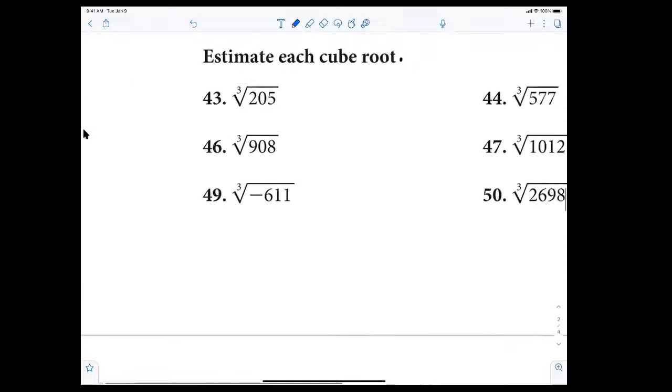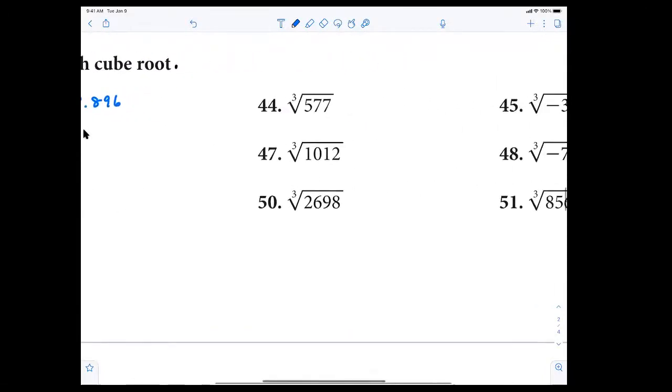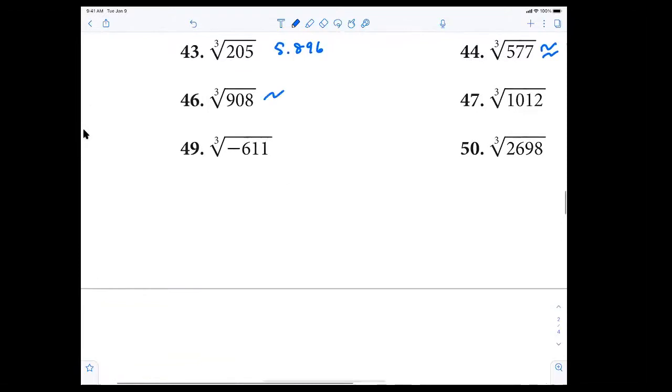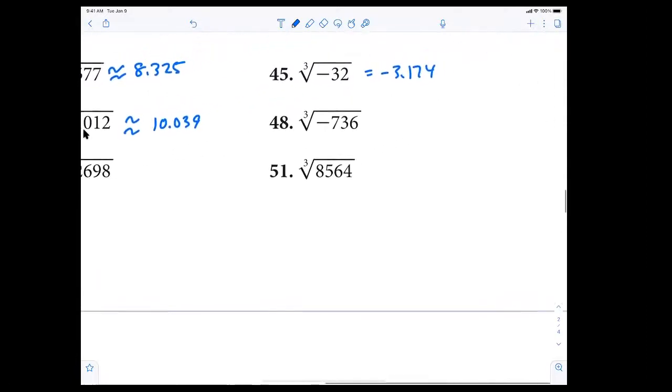All right, Reagan, 43. 5.896. Good. Sean, 44 is 8.325. And then 45, negative 3.174. And then 46, 9.683. And then 47, 9.029. 48, it's negative 9.62.